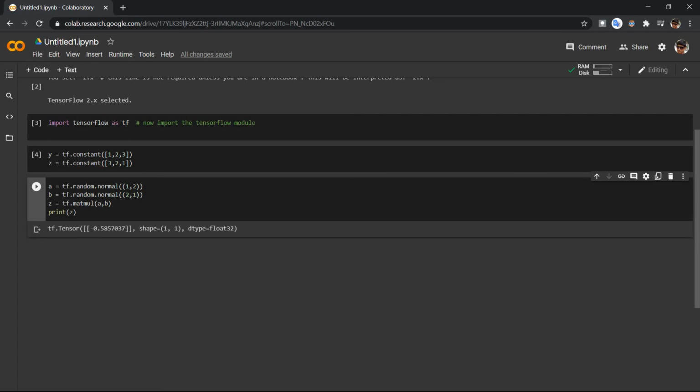So keep in mind that the columns of the first are equal to the rows of the second, and that is how you multiply two TensorFlow matrices with matmul.